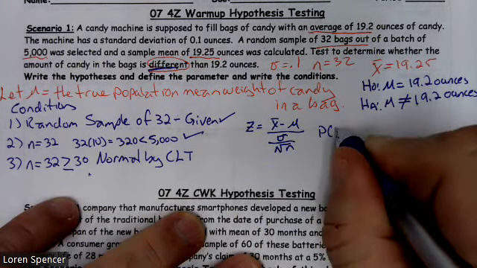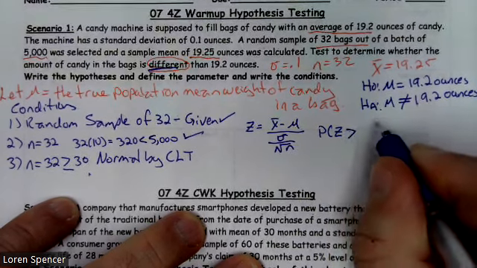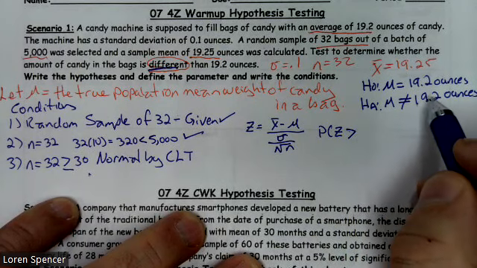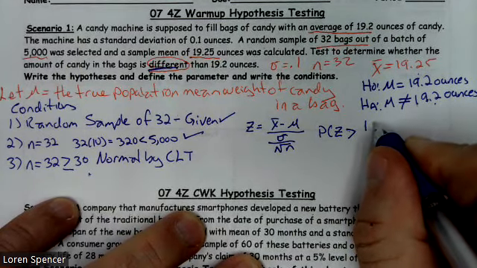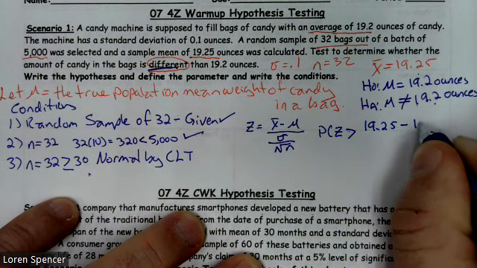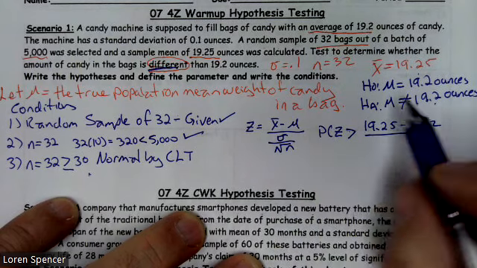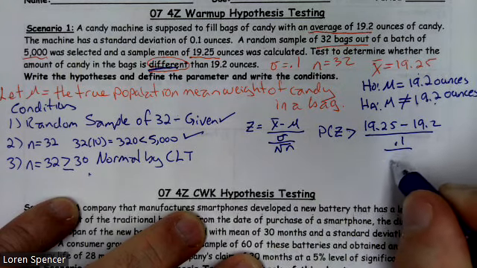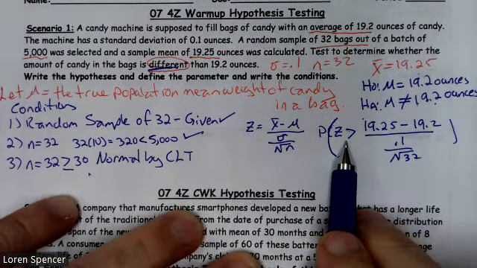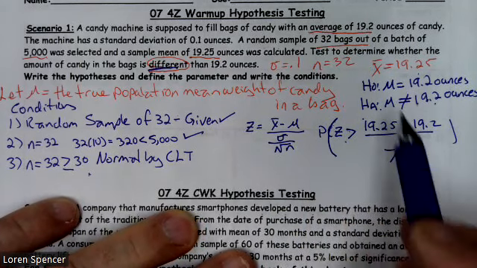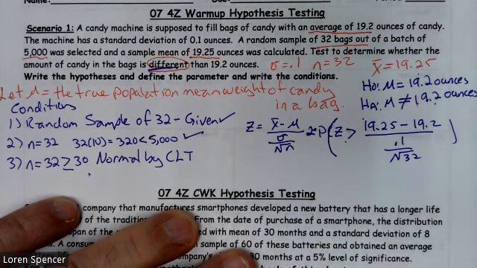We want the probability that z is greater than, since 19.25 is larger, 19.25 minus 19.2 over 0.1 divided by the square root of 32. But because this was a not equal, anytime we have a not equal, we need 2 times that probability.